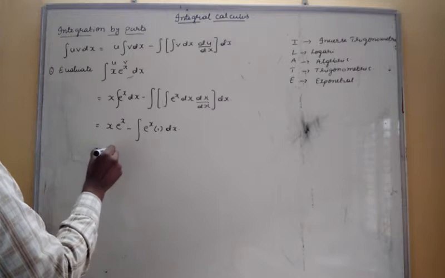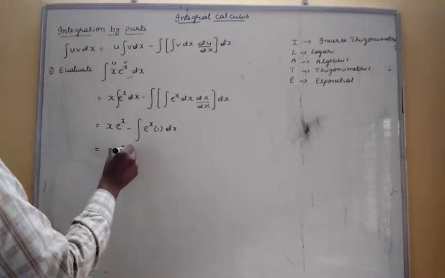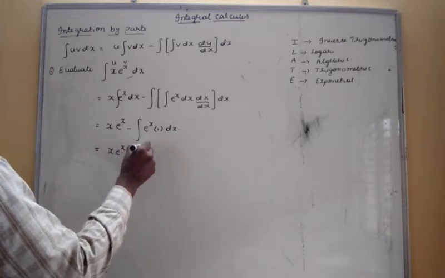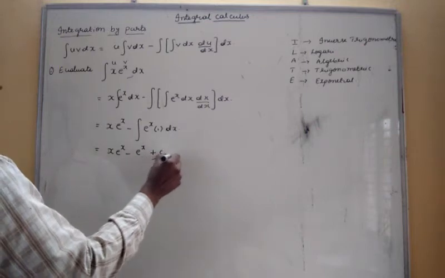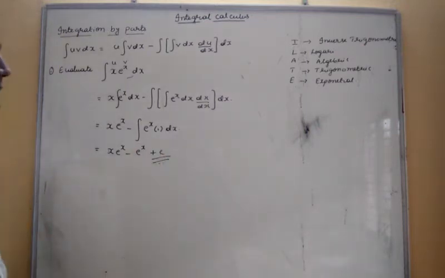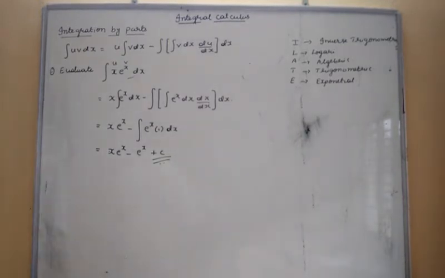Again we integrate e to the power of x, which is e to the power of x plus c. So this is the answer. Okay, take down the next problem.